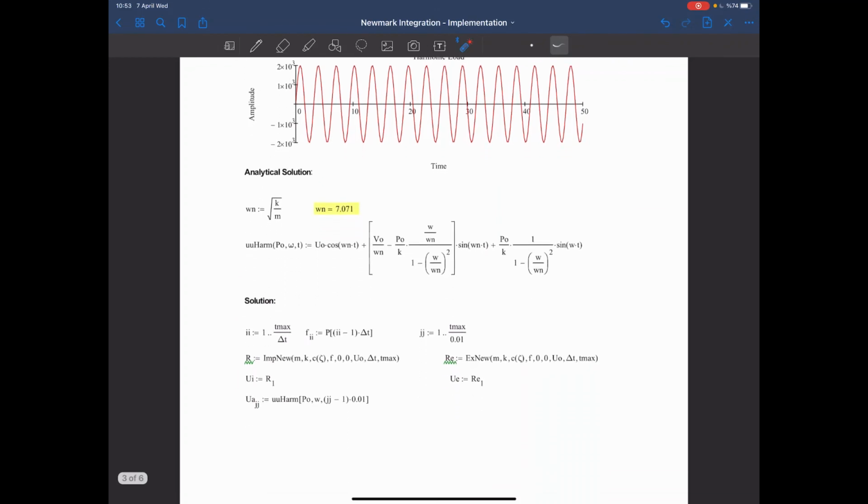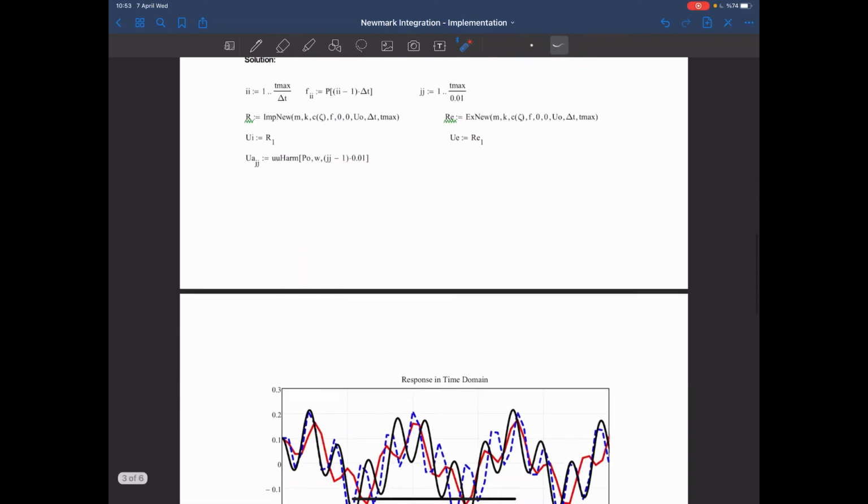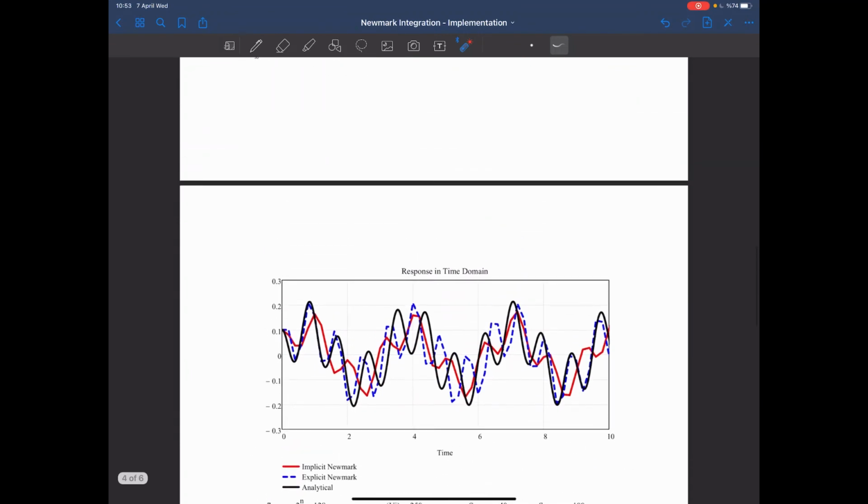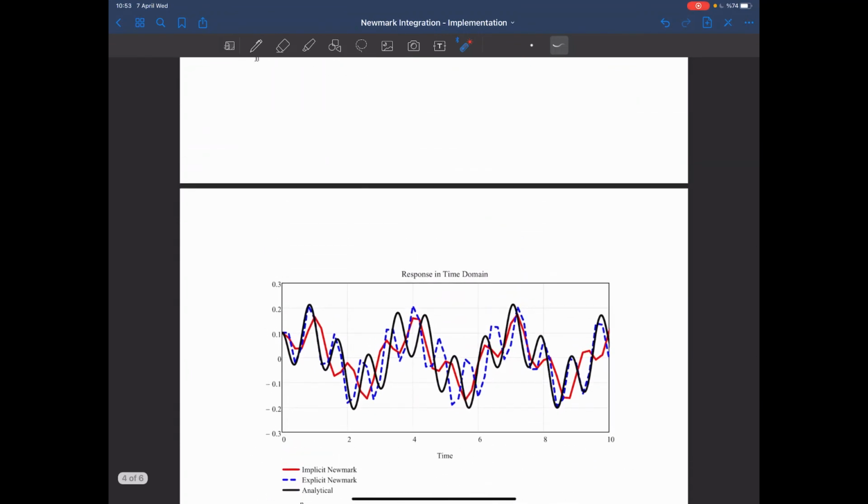I'm solving the same system with the implicit Newmark, explicit Newmark, and also the analytical solution, and this is the comparison of the results. So here the red line represents the results obtained with the implicit Newmark method, blue one is the explicit Newmark, and black is the exact analytical solution, and I'm plotting the variation of the displacement with respect to time.